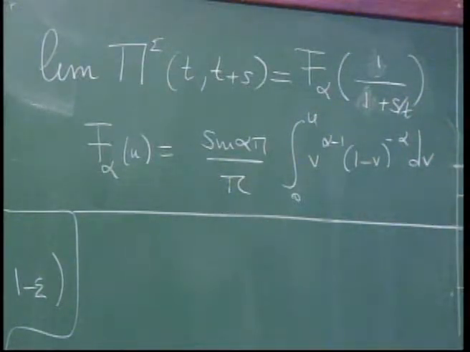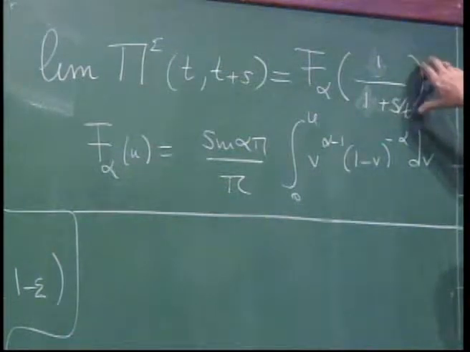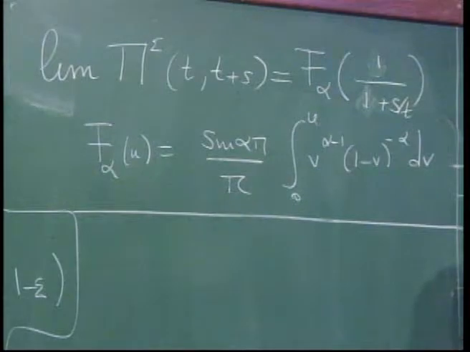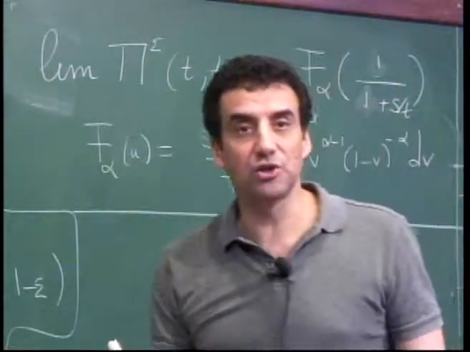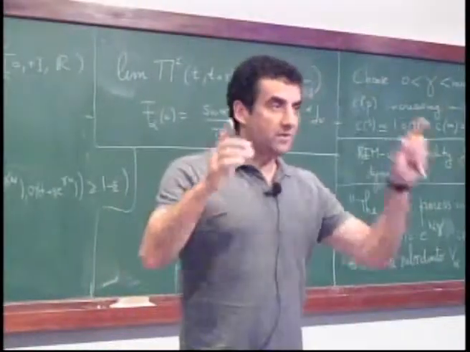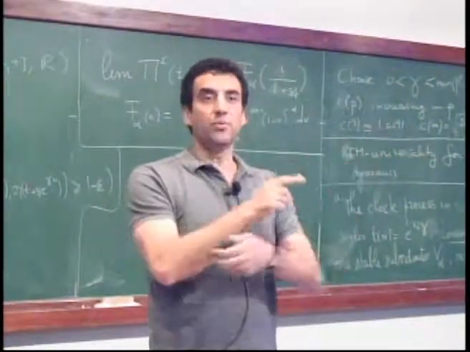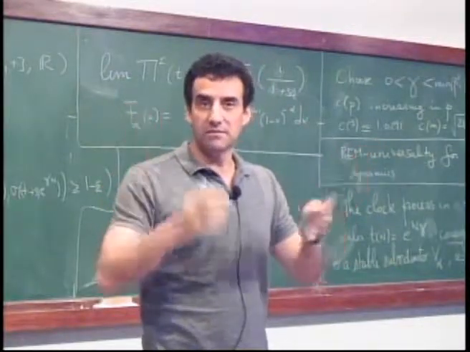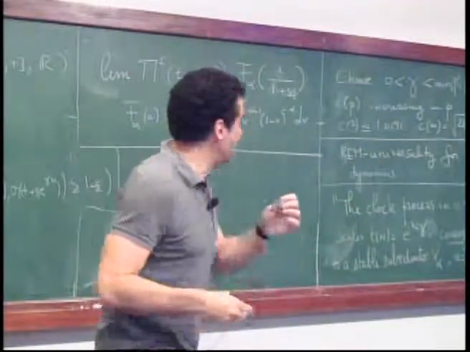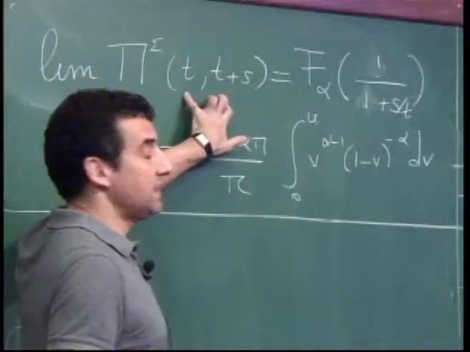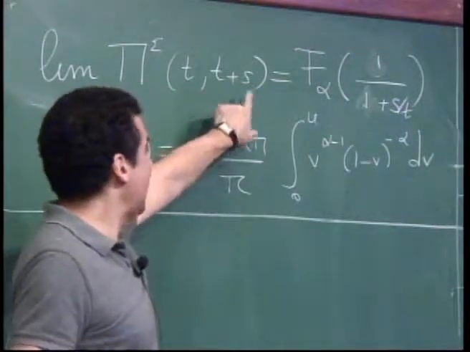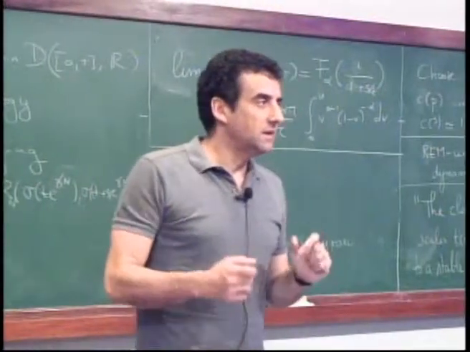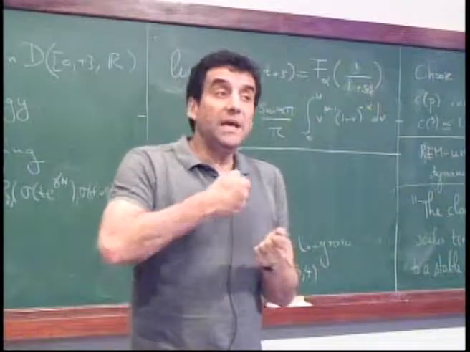So the important variable here is s over t. So what is s over t? That's the relative age, the relative duration. The window is of length s, but that's not important. What's important is the length of this window when you divide it by the age, t. So this means that in order for this probability to be significant, you need s to be of the same order as t, which means to begin forgetting your past.